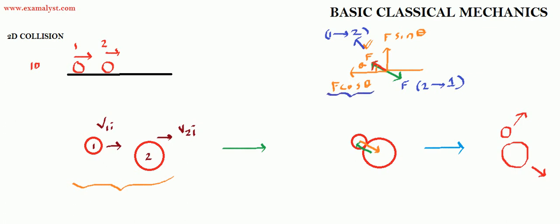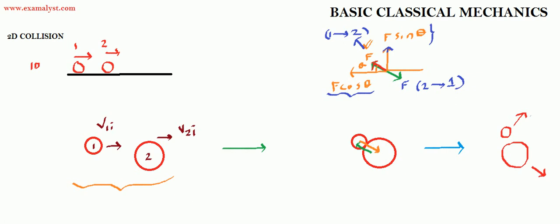So what does F cos theta do? F cos theta decreases the velocity of ball 1. And what does F sin theta do? F sin theta gives the ball number 1 an upward motion, because F sin theta acts upward. So it will somehow make the ball move in an upward direction.